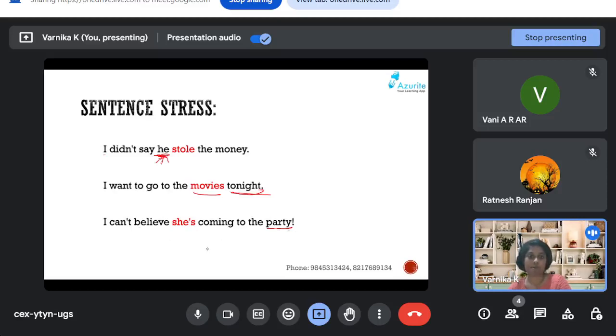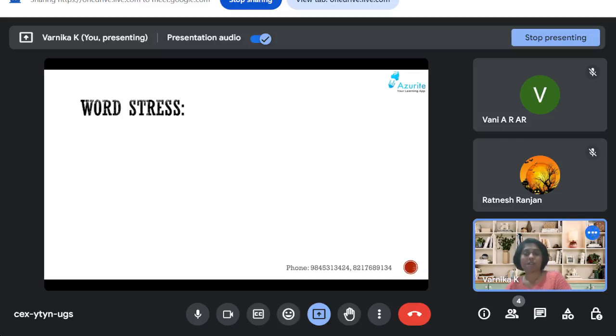That she's a person who doesn't normally go to parties, but she's going to be there. So that is the meaning. But if I stress here, I can't believe she's coming to the party, it means that person is important. I'm giving importance to the person rather than the event. All right. So that was sentence stress.